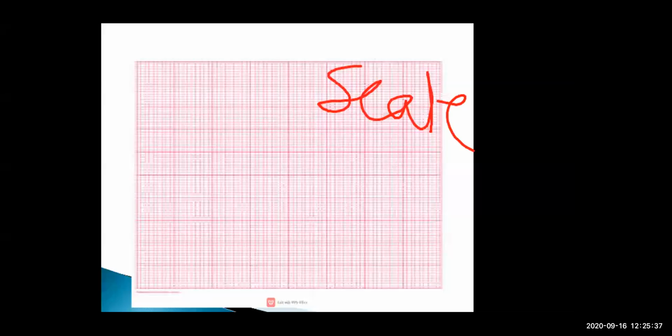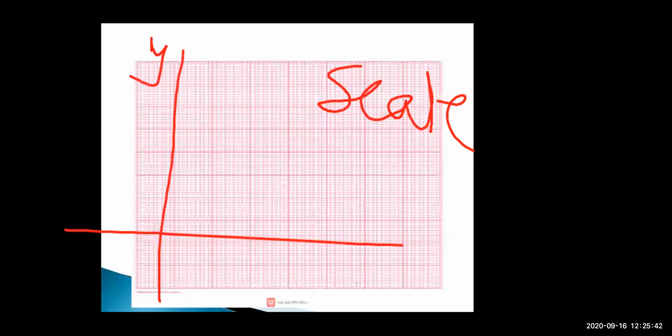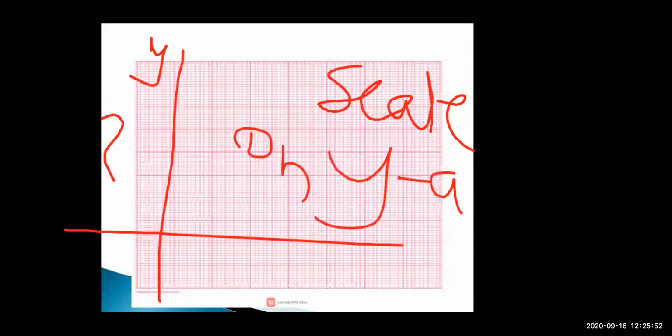So the scale is always shown on the y-axis. Here in this y-axis, the scale is shown. So how are you going to write the scale? Now scale equal to, on the y-axis.